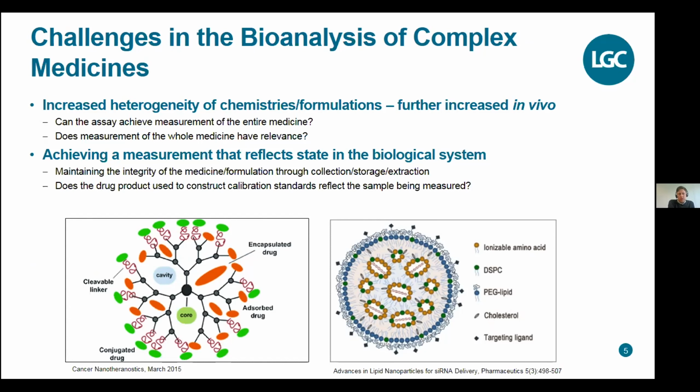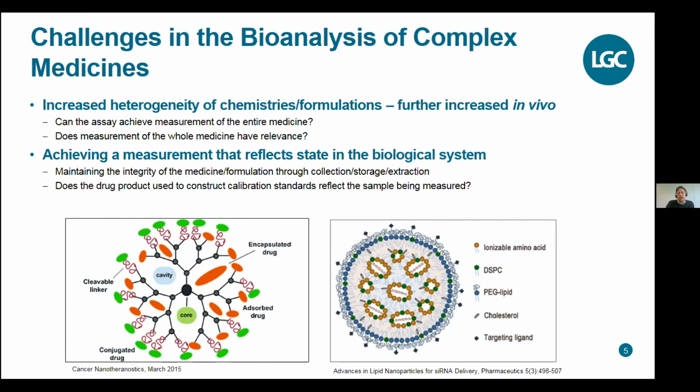So we need to be asking questions around, can the assay achieve measurement of the entire medicine? And actually, does measurement of the whole medicine have any relevance? We also need to think about achieving a measurement that is reflective of the state in the biological system. So can we maintain the integrity of that medicine or formulation through sample collection, through storage, through extraction before the analysis technique?